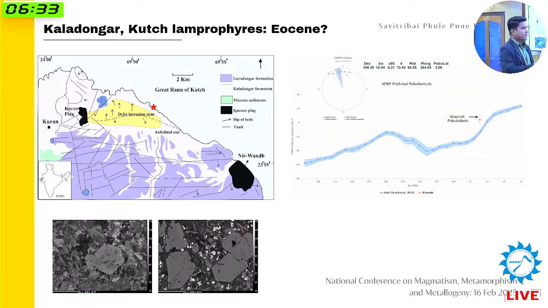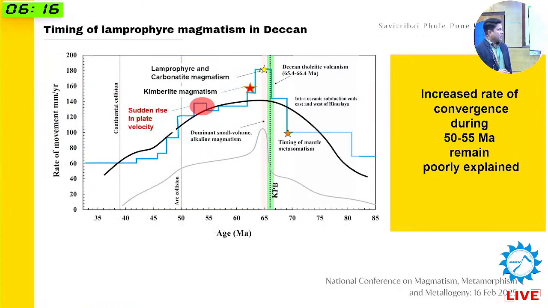So this difference in the two paleolatitudes indicates that this is a very different magmatism than the Deccan, and a younger magmatism. When we plotted it on the apparent polar wander path, it comes somewhere around 55 million annum. So these lamprophyres are actually younger.